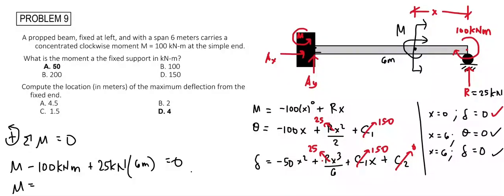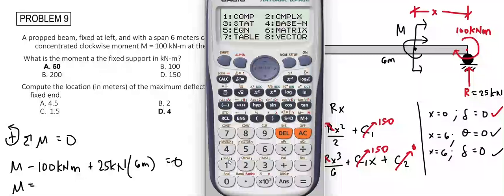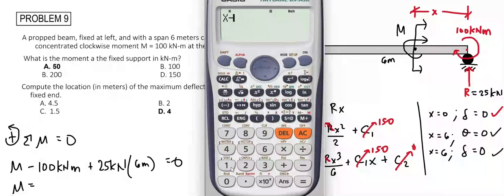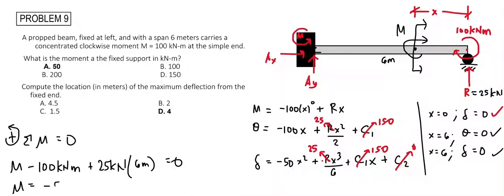Solving for the moment m at the fixed support, we get m equal to negative 50 kilonewton meter.